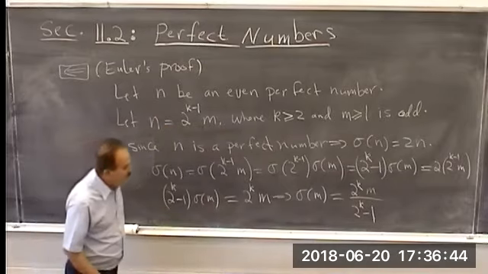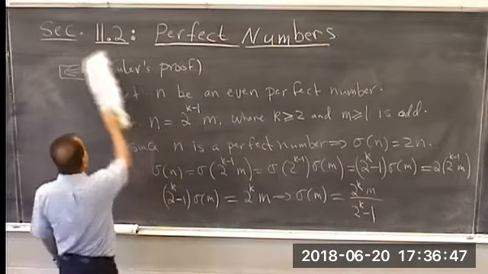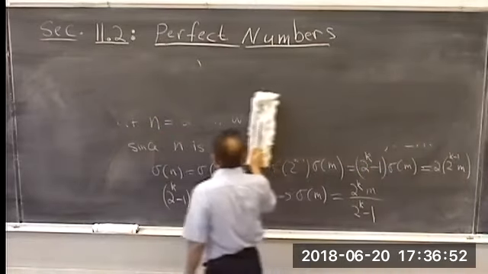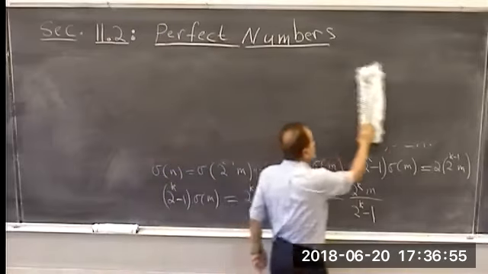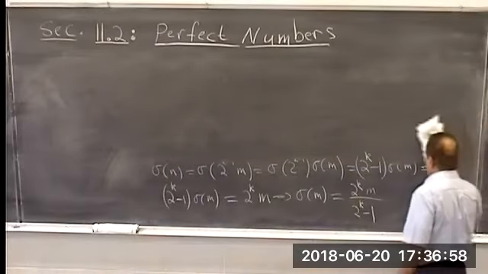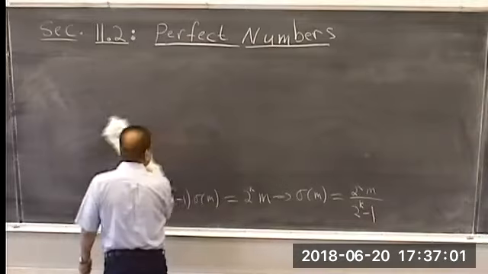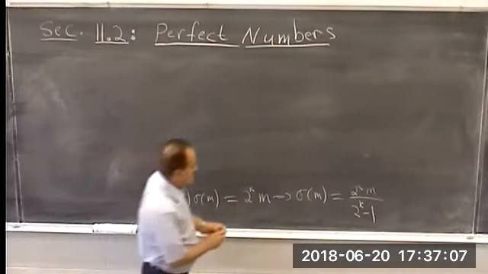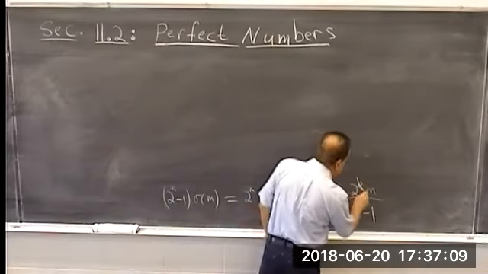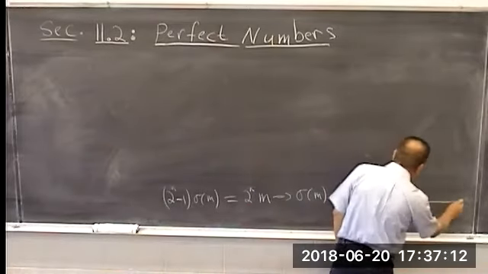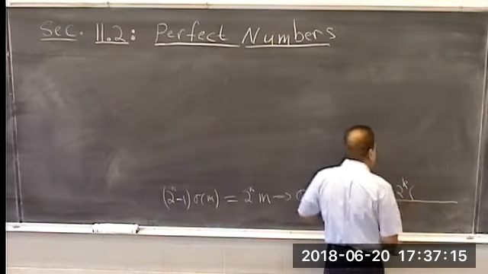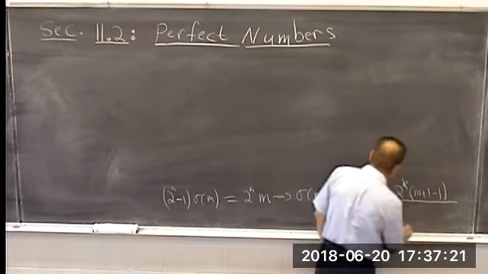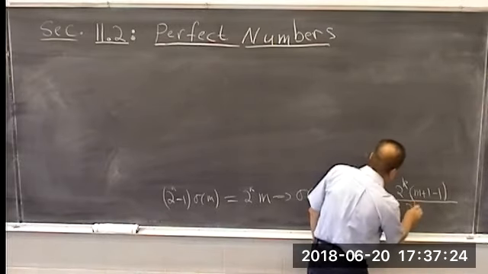Now, one other thing I want to write on this. I want to split this: in the numerator, 2 to the k, I want to be adding 1 and subtracting 1, over 2 to the k minus 1.